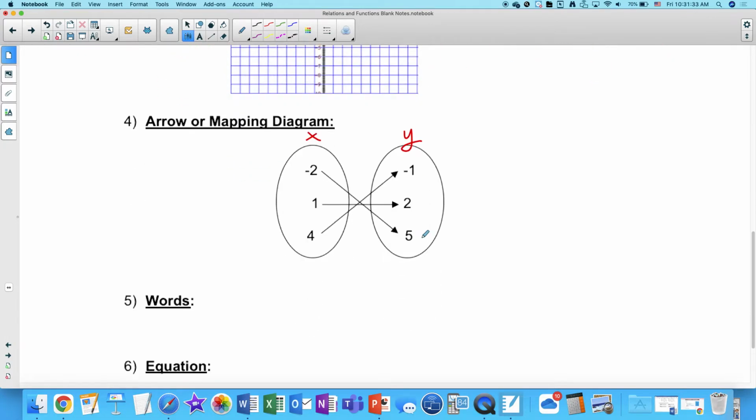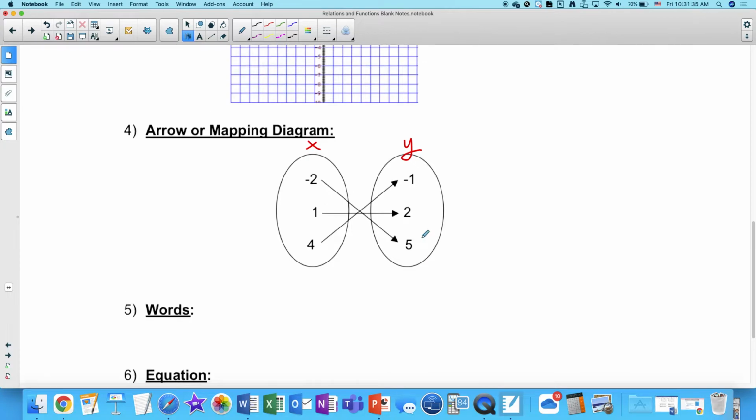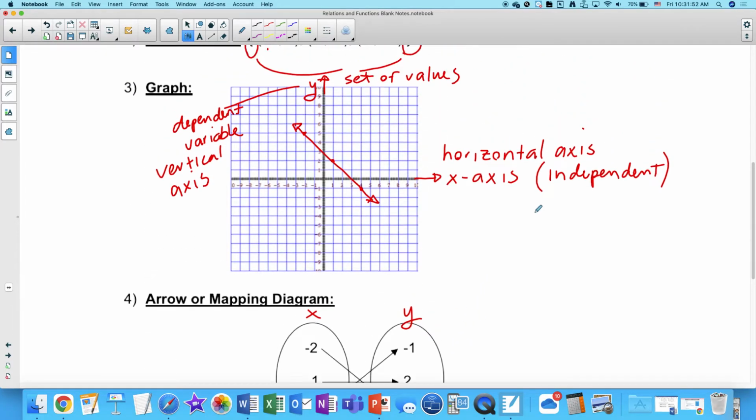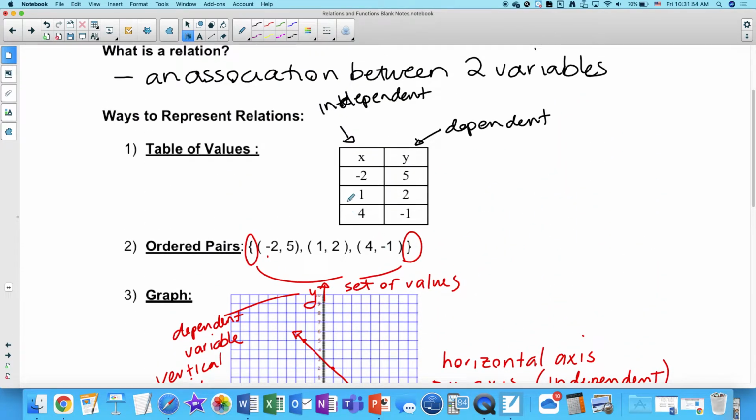Words. So we can also, oftentimes, if there is an association that we can recognize, describe it in words. Right? So I actually did that with height is associated with age. But here, can you guys see, maybe it's easier to look at the table of values, any sort of connection between the two variables that we can generalize?